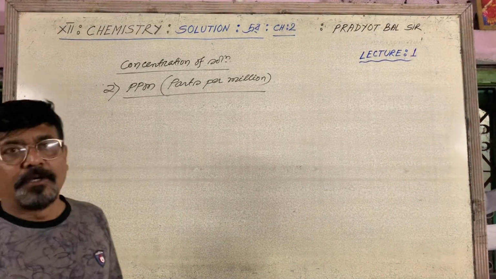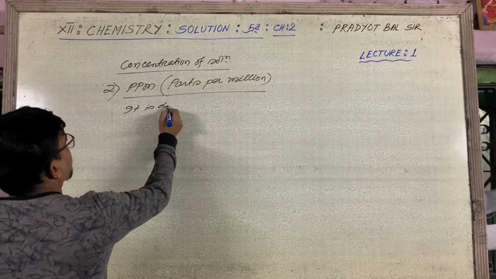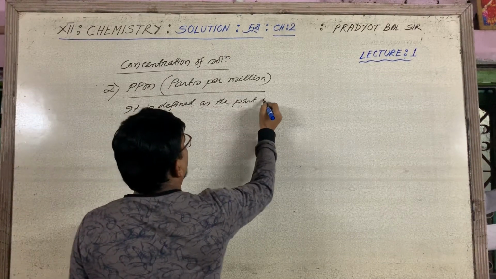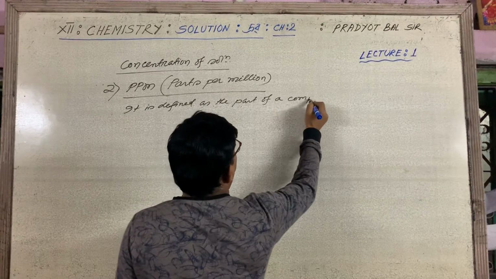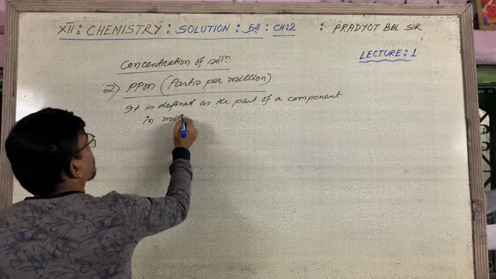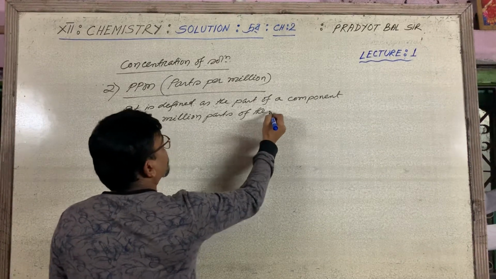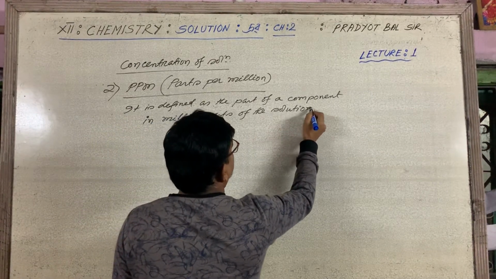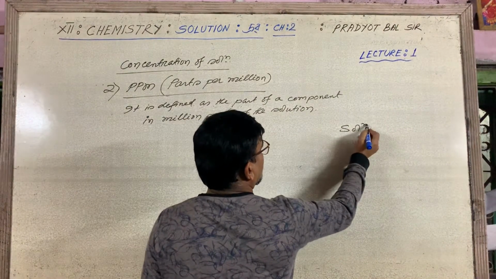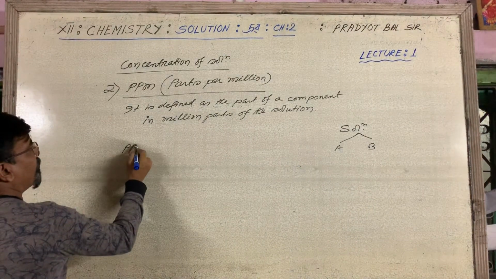It is defined as the part of a component in million parts of the solution. Simple. For example, considering the same thing, a solution is there, its two components are A and B. Suppose we need ppm of A.